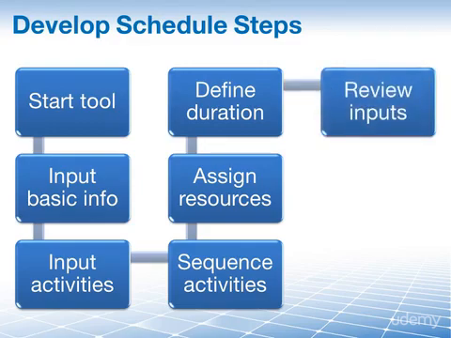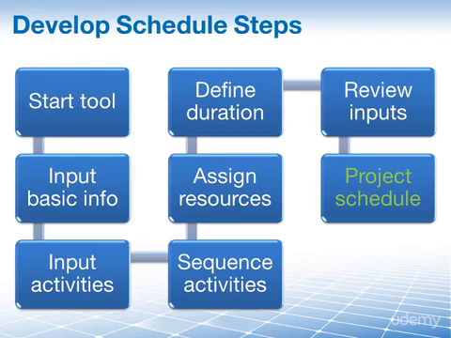You review the inputs for completeness, and by performing all of these steps, you create your project schedule. These steps really define why we need all of these inputs. And now that you have heard the reasoning behind why we do this and behind why we need these inputs, I bet it makes much more sense to you, and you can now more easily remember all these 13 inputs just by thinking of these steps here.